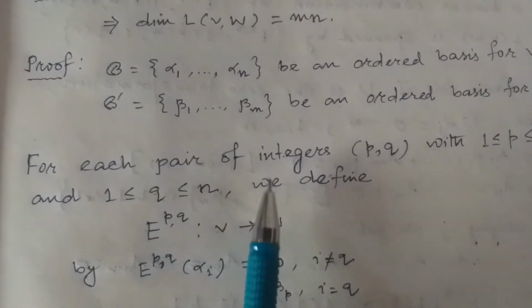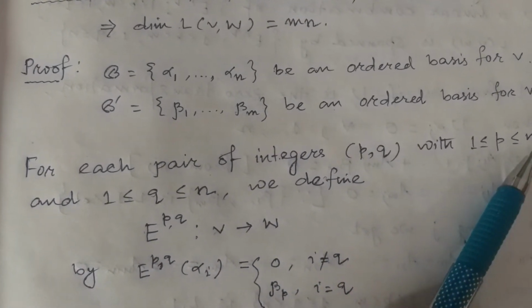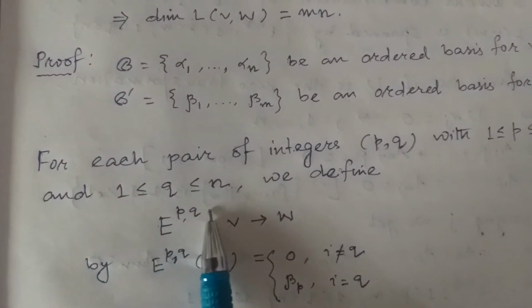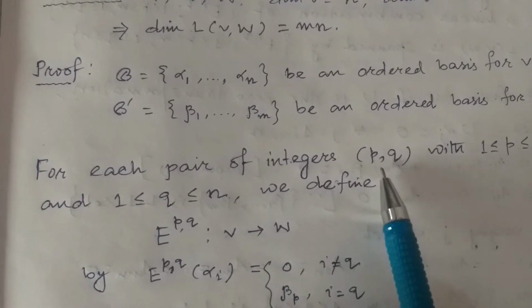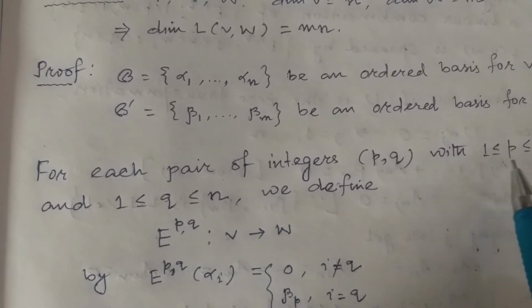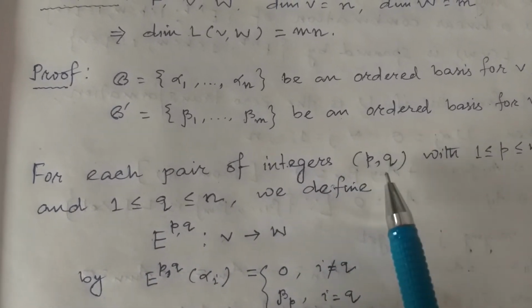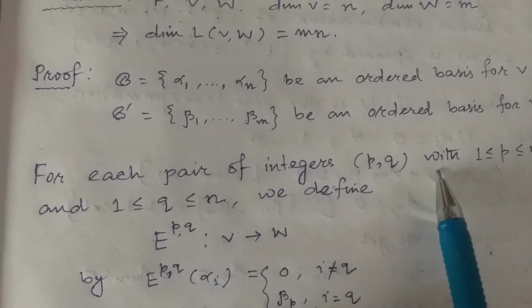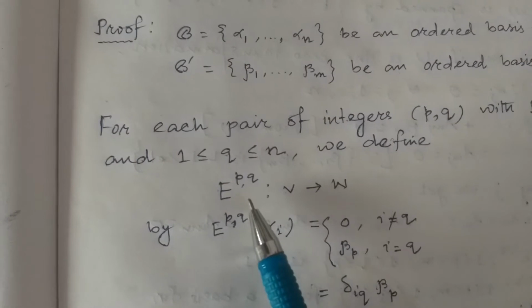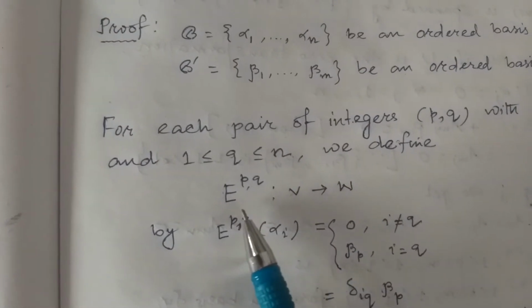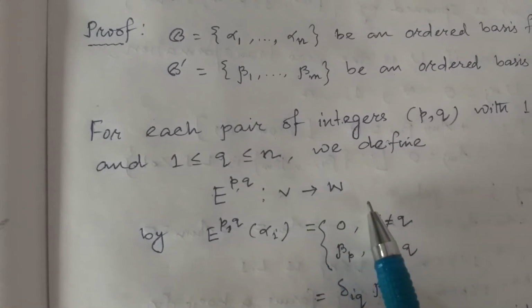Now for each pair of integers p, q with 1 less than or equal to p less than or equal to m and 1 less than or equal to q less than or equal to n, p varies from 1 to m and q from 1 to n, so you can find mn pairs: 1 1, 1 2, 1 3, up to 1 n, similarly 2 1, 2 2, etc. For each pair p and q, we define a mapping E_pq from V to W.